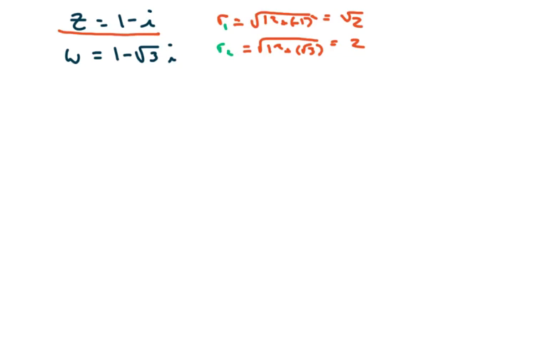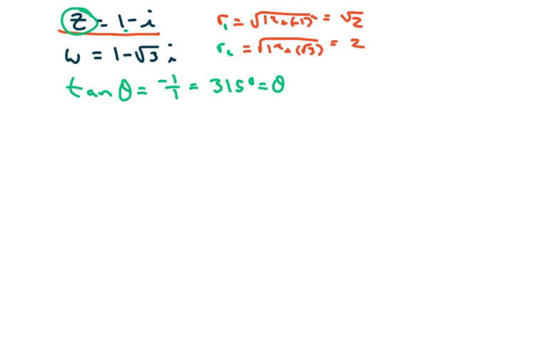Now to find my angle, I'm just going to use tangent. So for this one here, tangent of theta equals negative 1 over 1. And I know this is in quadrant 4, so I know this is going to equal 315 degrees.